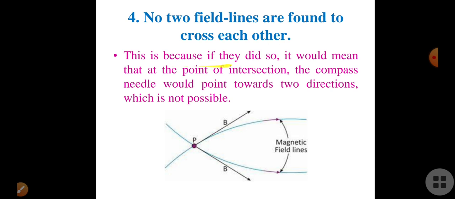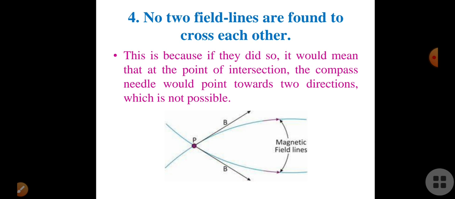This is because if they did so, it would mean that at the point of intersection, the compass needle would point towards two directions, which is not possible. Like, these are two magnetic field lines and they are crossing. Then what will happen? At this point P, according to this magnetic field line, this tangent shows the direction of the magnetic field, and according to this other magnetic field line, this is the direction.